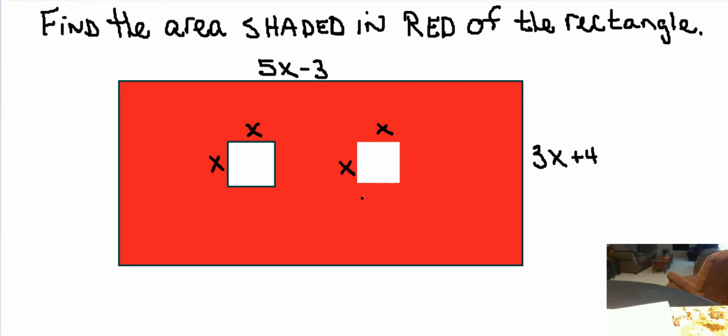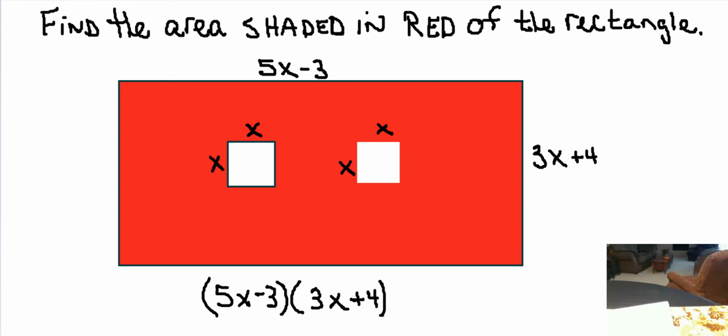So the way you go about doing this is determine what is the area of the entire rectangle. The area of the entire rectangle is the length times the width. So that would be 5x minus 3 times 3x plus 4.